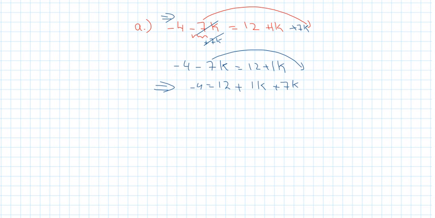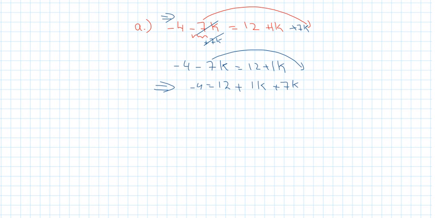Yeah, right? This is -4. This is gone. So it's -4 equals 12 plus 1k plus 7k. I have -4 equals 12 plus 1k plus 7k. They're the same thing. I did exactly the same thing, but in two different ways.